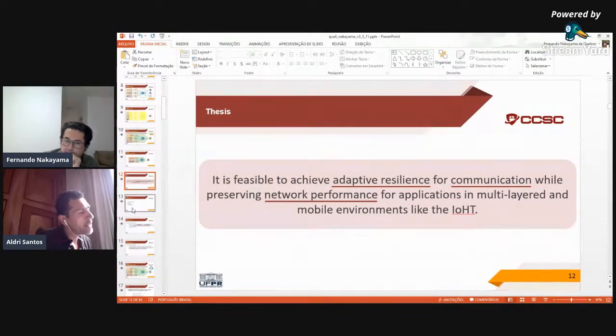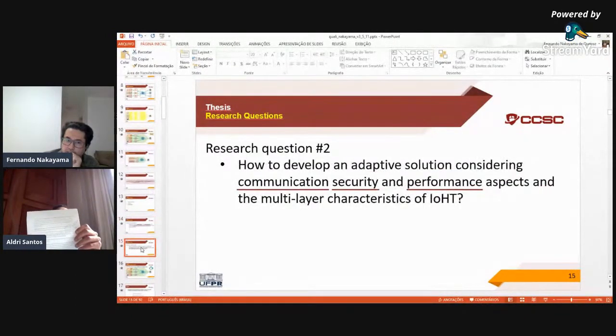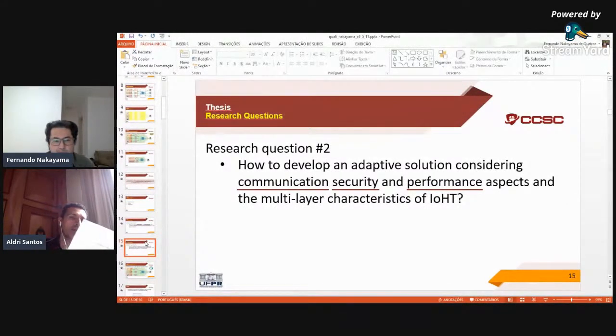An interesting point here: we have a main research question in this manuscript, but the main research question in the next slides is different from the one you have here. Because here you said how to achieve adaptive communication resilience while maintaining minimal network performance. I don't know what is minimal network performance in a multi-layer and dynamic environment such as IoHT.